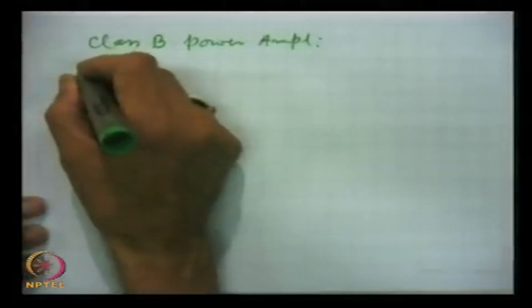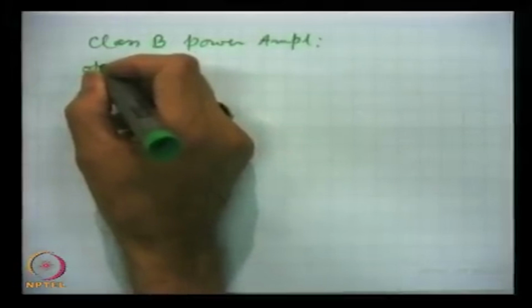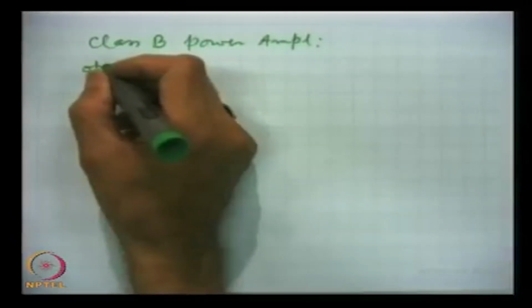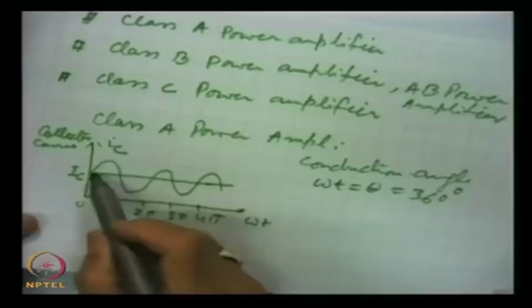These things will become more clear when we go to circuits, but you understand what is the meaning of choosing an operating point: that DC current and voltage we choose, and then when we apply an AC signal, over those DC values the current and voltages vary.